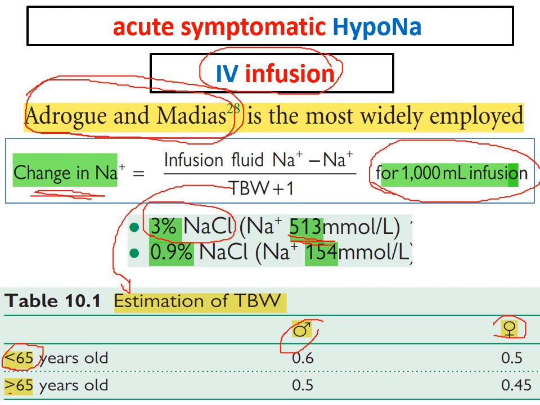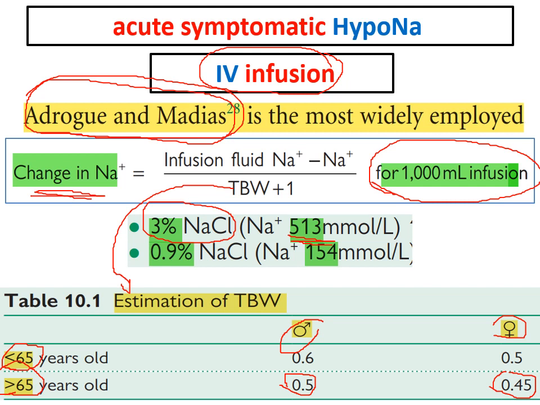In patients over 65 years of age, in males it is 50% of the body weight, while in females it is around 45% of the body weight.